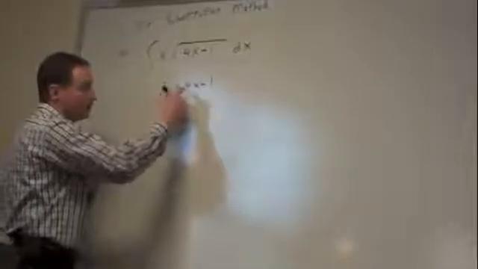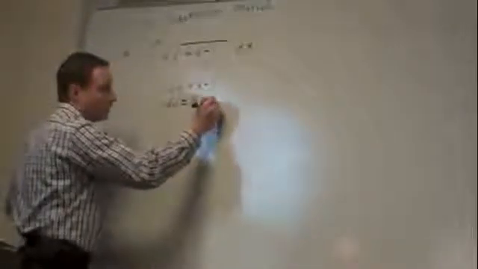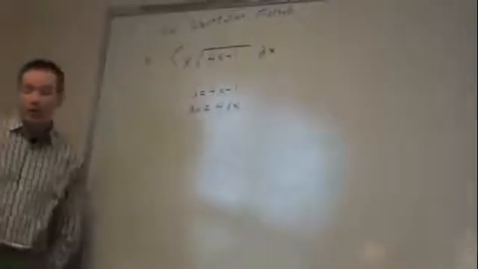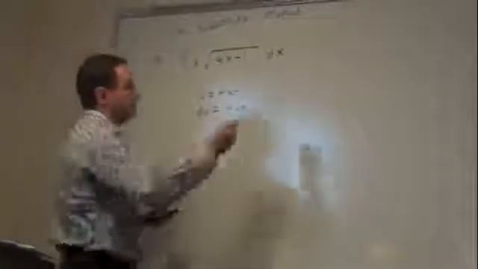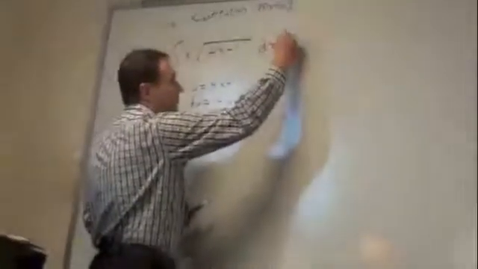And so du is equal to 4 dx. Okay, so I know I could get the 4 dx in there by simply multiplying the inside by 4 and the outside by 1/4.